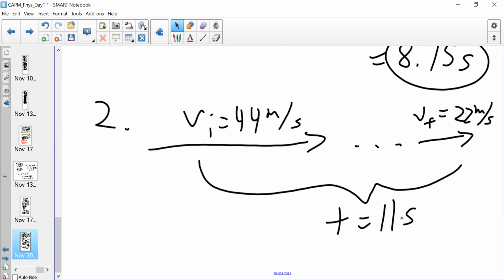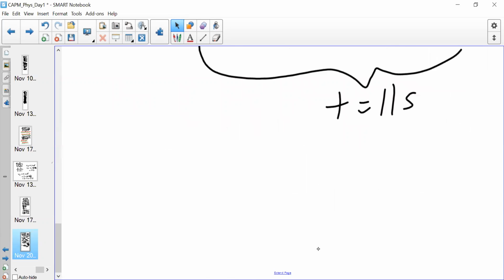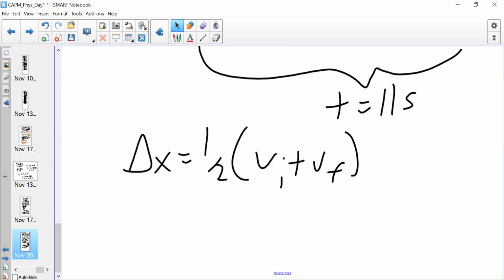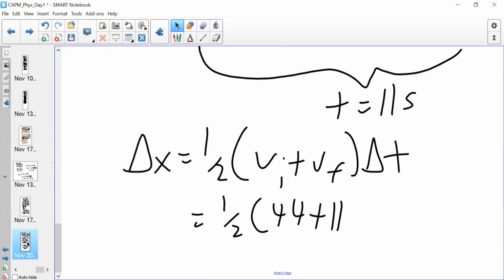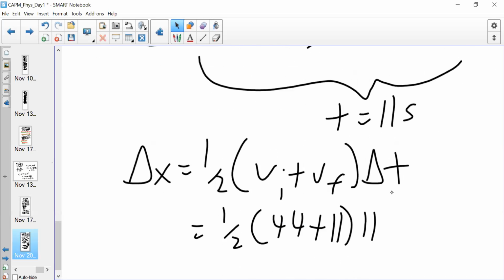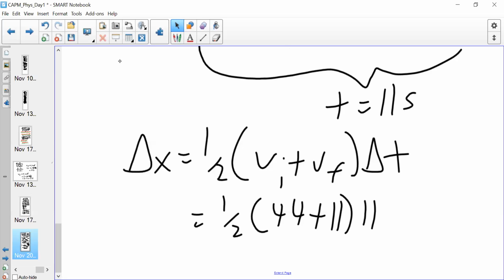Then figure out how far it travels. Looks like that first equation up there would be useful, because I want to find delta x. I know my initial velocity, I know my final, I know time. So 1/2 times 44 plus 22 times 11.